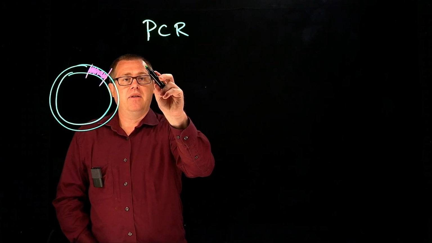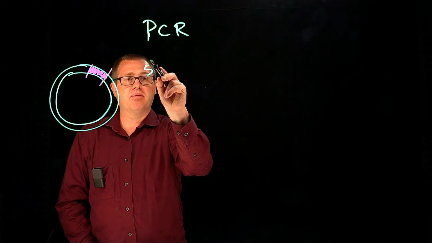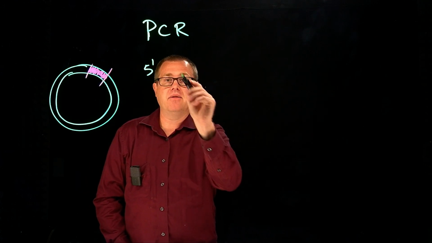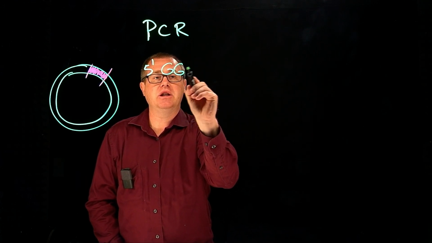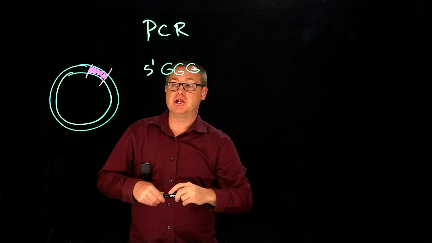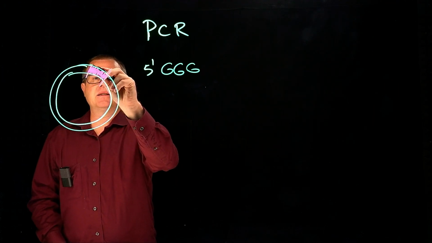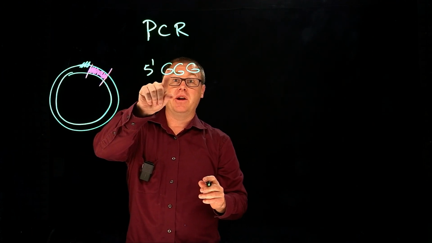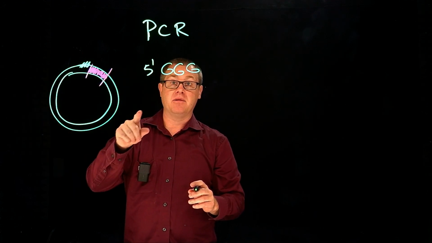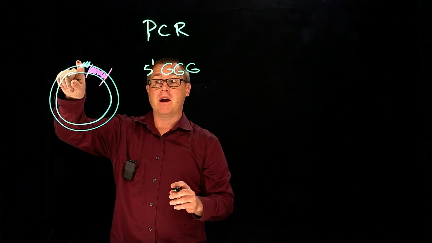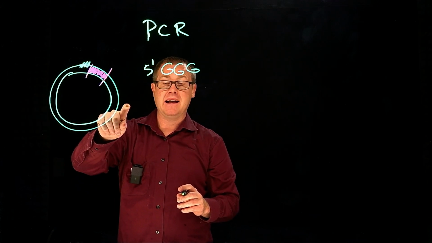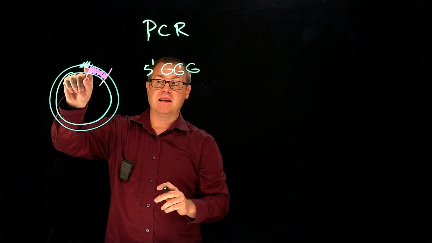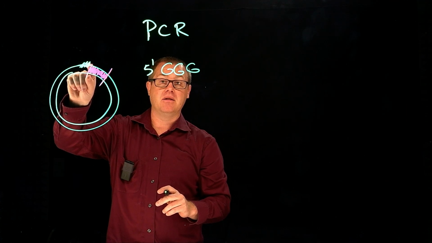We're going to read it in the 5' direction here, and we're going to have GGG. That GGG is this part right here, and it's going to extend all the way around the plasmid. But I'm not going to write all the nucleotides around this plasmid. So this GGG represents just a little bit right there.